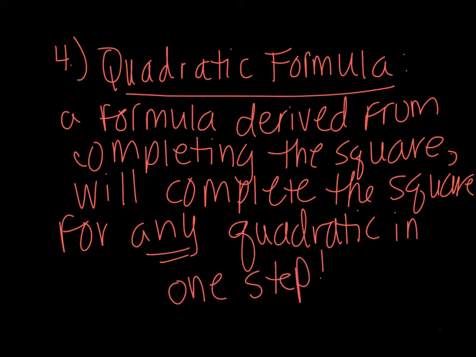So we've talked about how completing the square works for all quadratics, whereas factoring doesn't. And so we don't really like completing the square because completing the square has a lot of steps. So the quadratic formula is really awesome because it just does it for us in one easy, simple step.